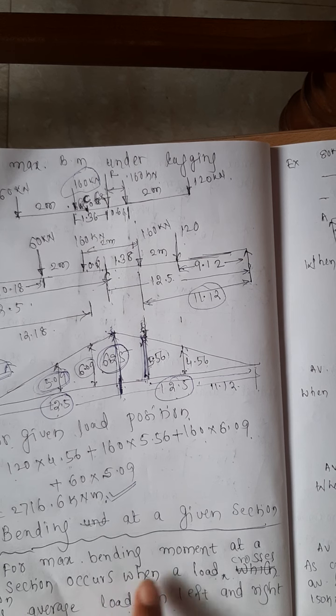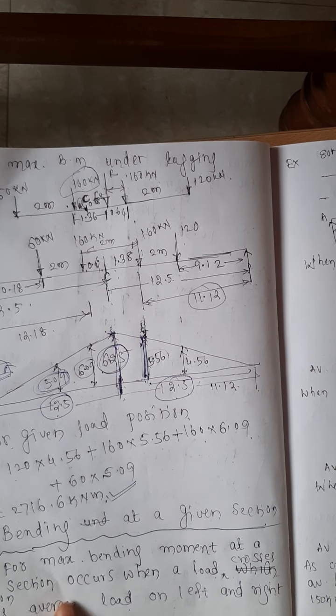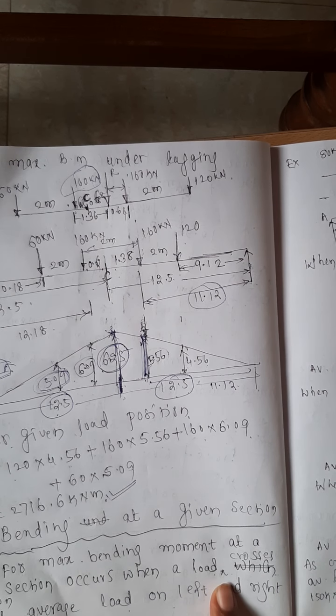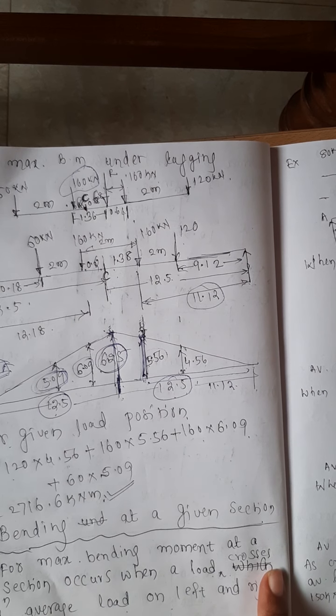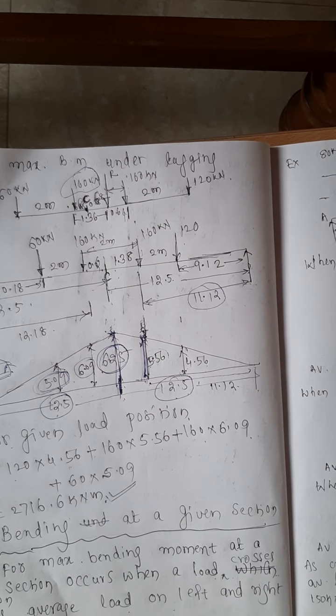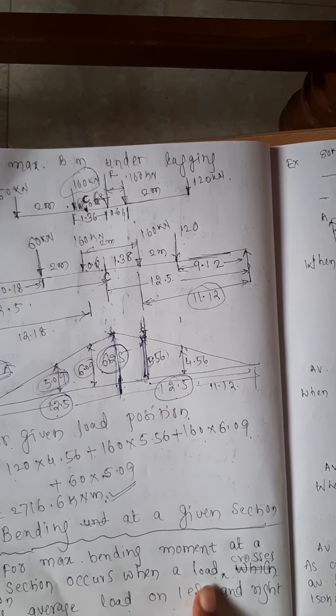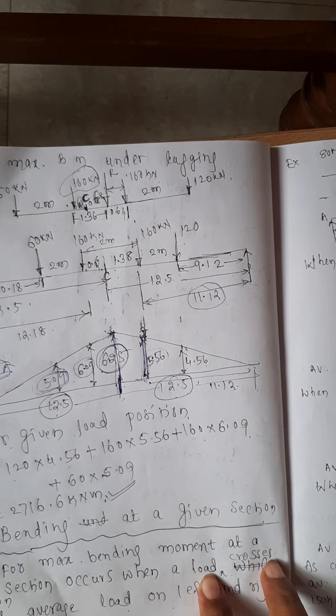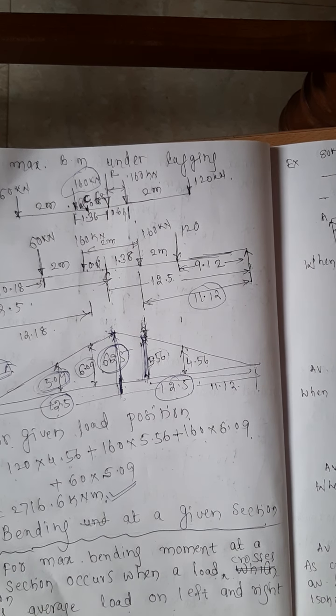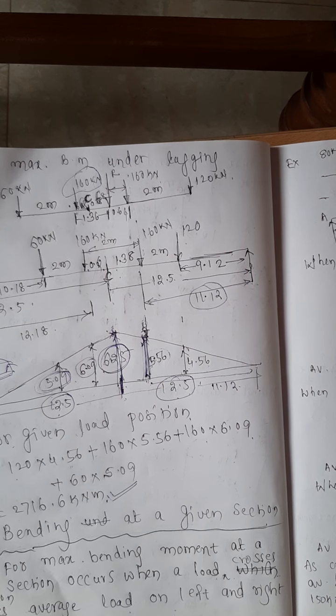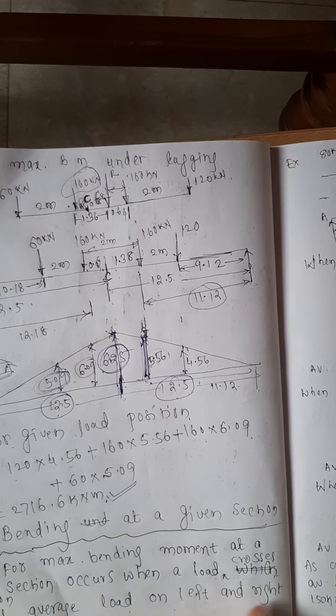Maximum bending moment at a given section occurs when a load crosses the section and changes the sign of the average load on the left and right.